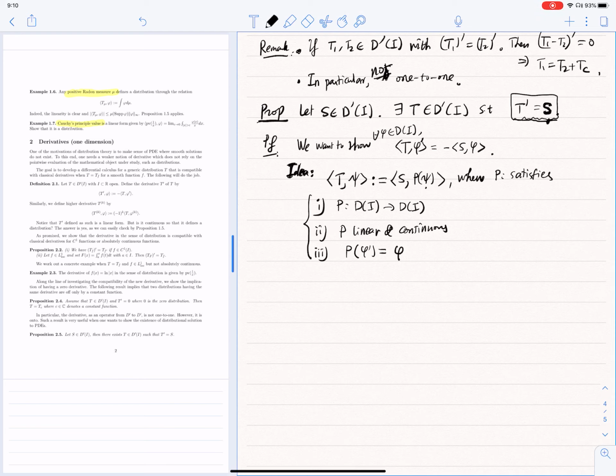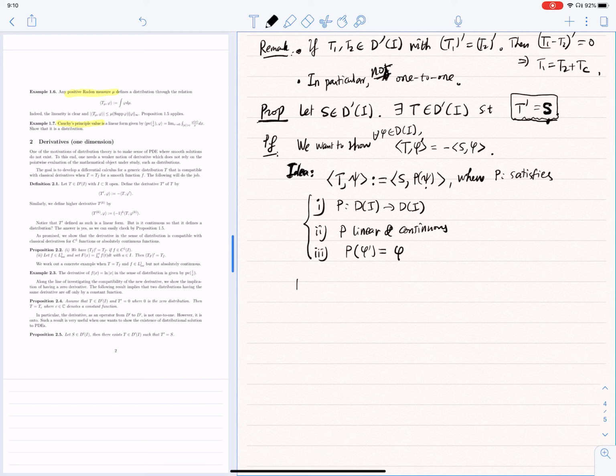Because of the third requirement, we are going to guess that this P transform should be the primitive of psi, or somehow related to it, because when it is applied to the derivative of a function, it gives you the function itself. So we are going to give it a try in that way.